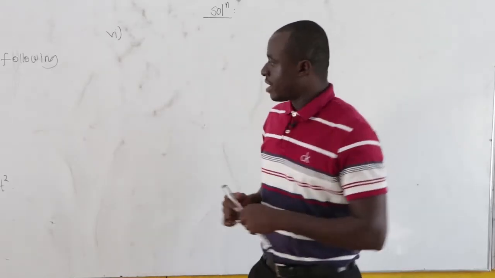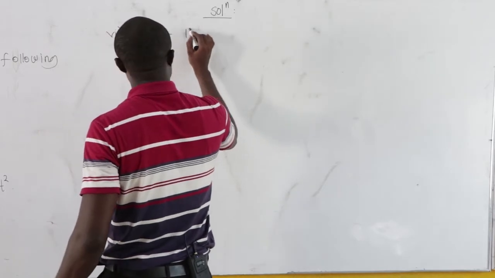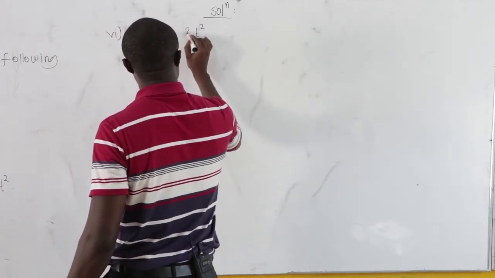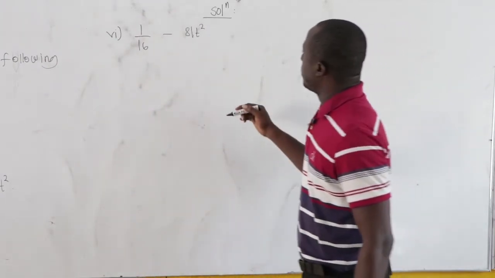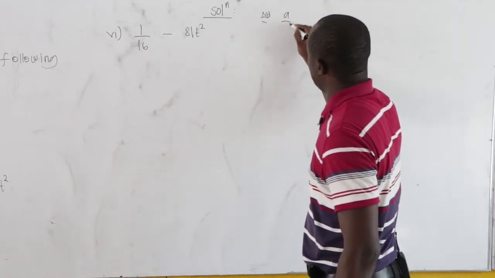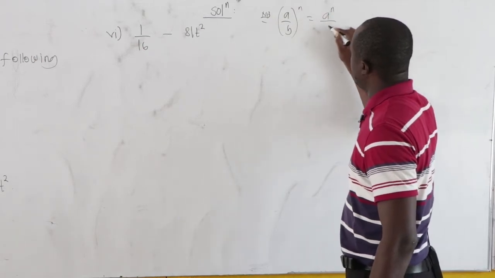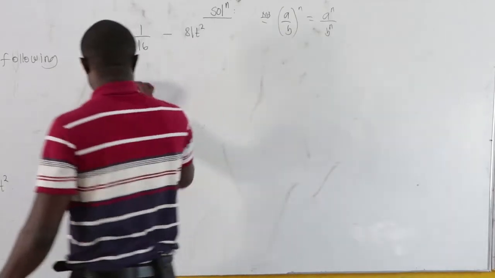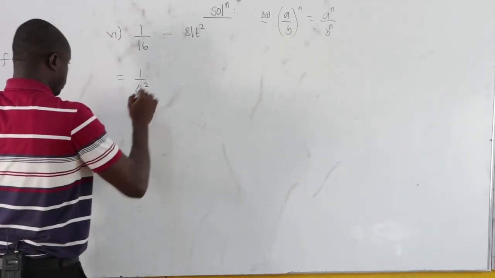Now let's see the sixth one. We have 1 over 16 minus 81t squared. Now with this, before that, let's note this. If you have (a over b) all to the power n, this is a to the power n all over b to the power n. Hence we can change this as 1 over 4 squared.